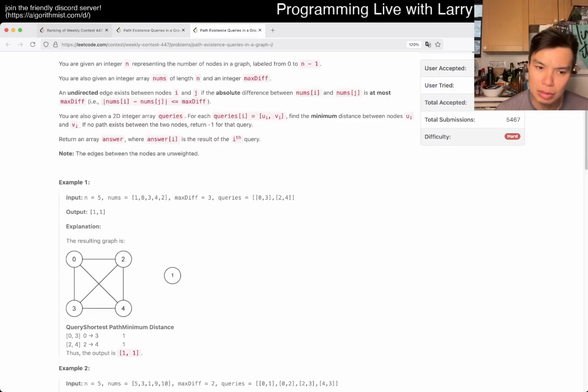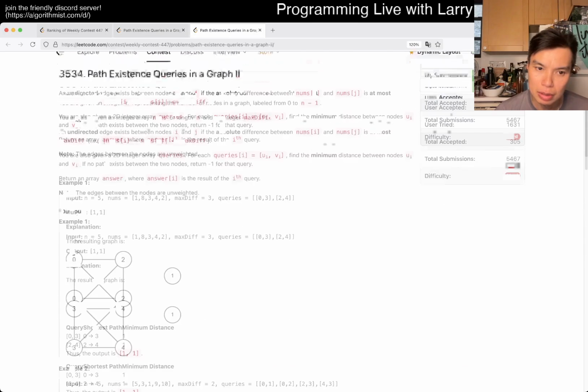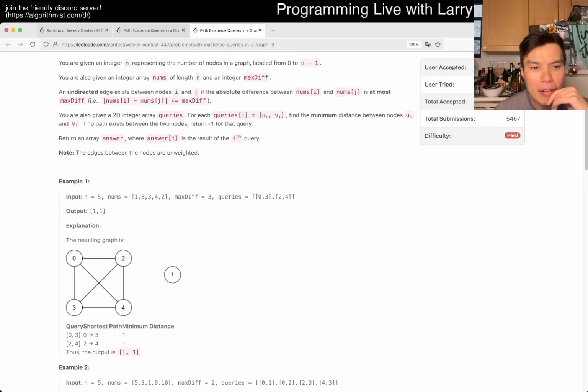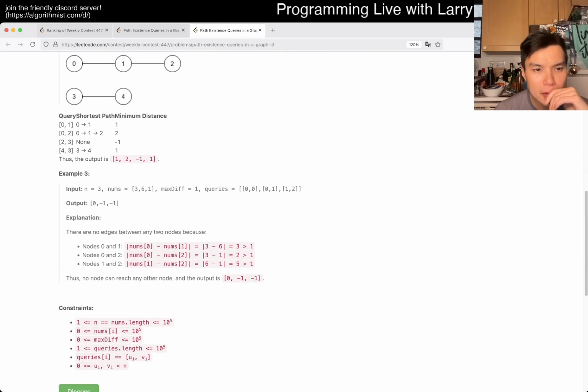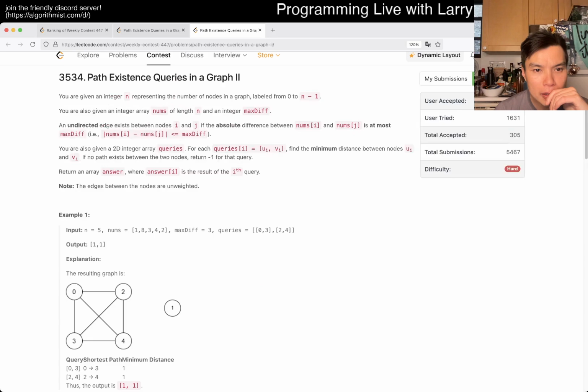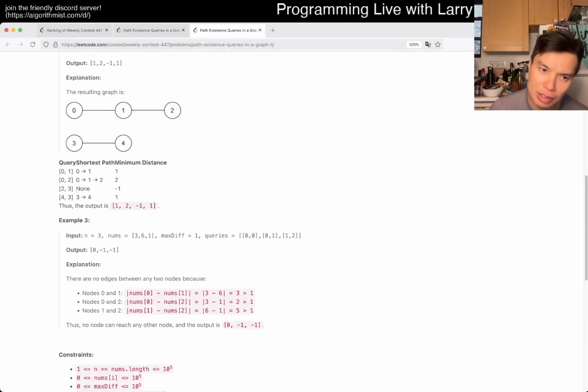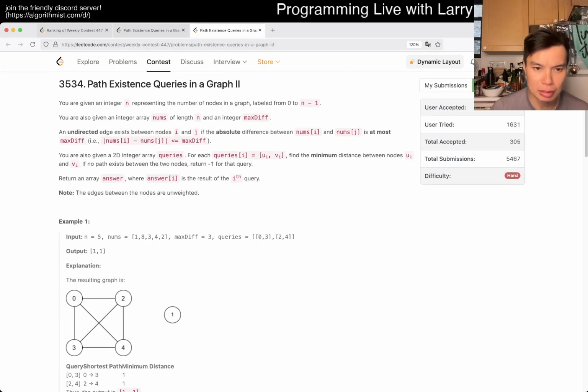I'm confused. Maybe. Wait, oh, minimum distance, not a boolean. Okay, so that makes sense. It's the same idea, but in the distance part. Okay, the distance part makes it a little bit trickier.